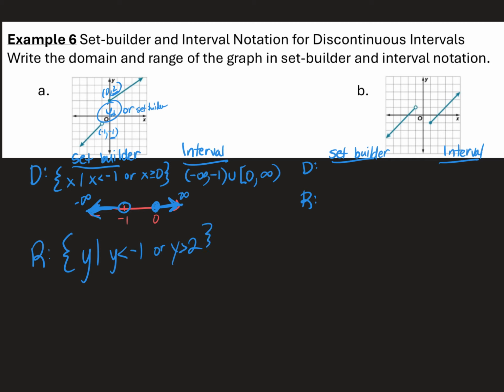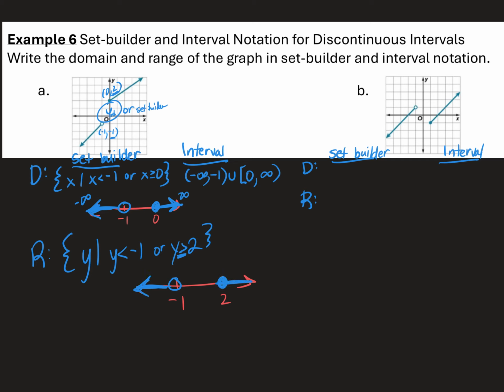Then I want to draw a number line again, like I did on the other one, so you can see what that looks like. -1 and 2. Oh, I think that would be greater than or equal to 2. So open circle, shade to the left, that's less than -1.